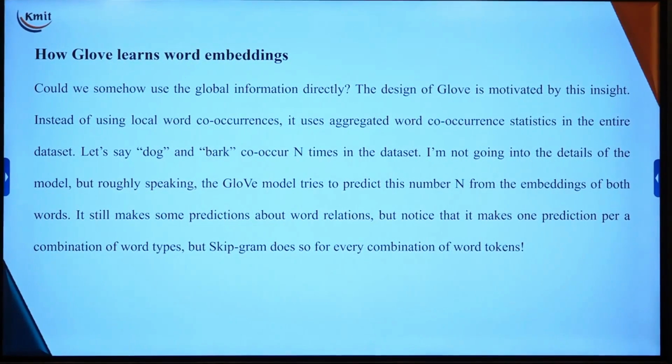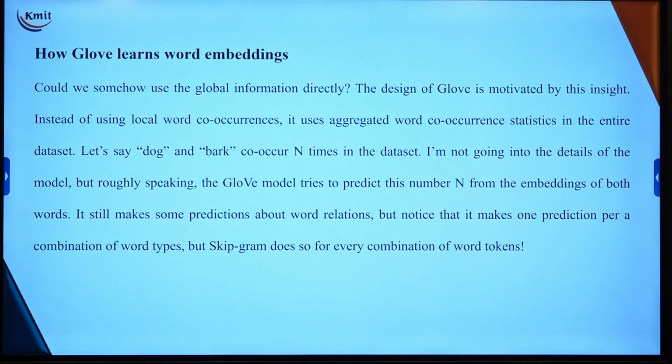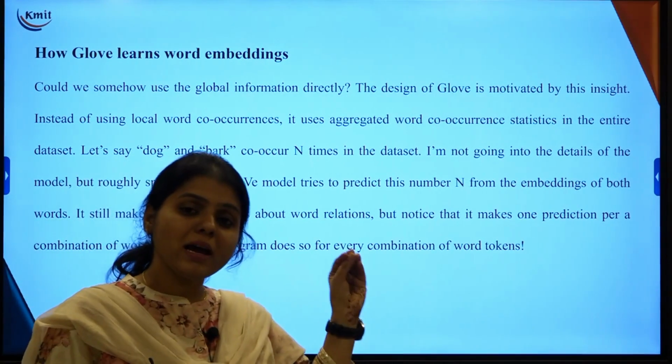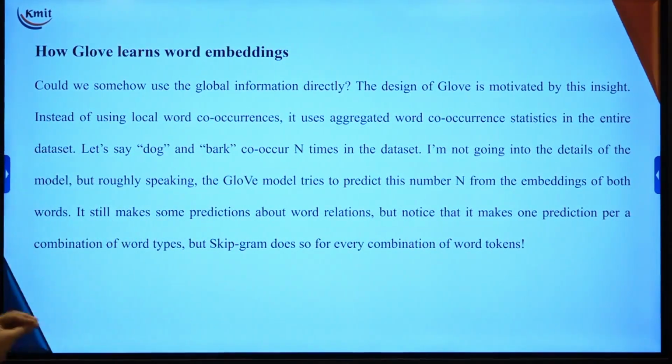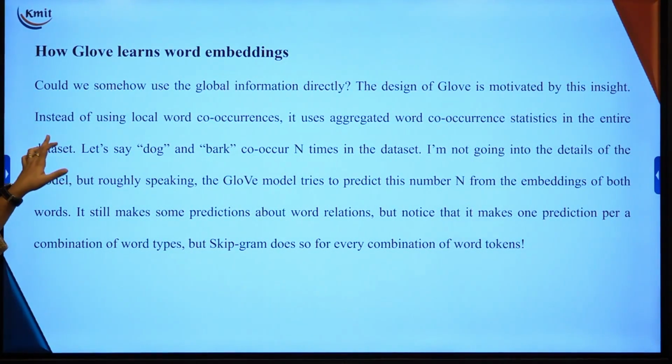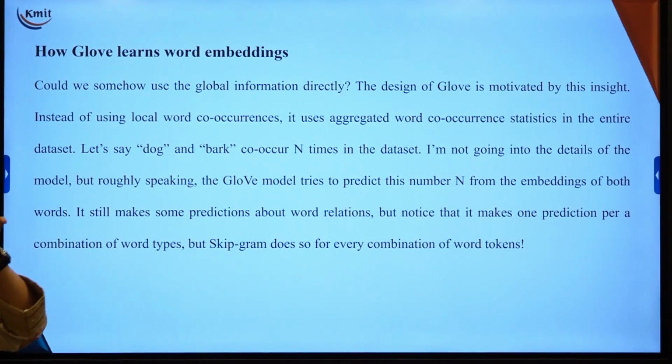Now, how does the GloVe model learn word embeddings? When we talk about GloVe, we talk about global information. Basically the design of GloVe is motivated by the drawbacks of the skipgram and CBOW models. Here, instead of using local word occurrences, please remember this, instead of using local word occurrences, the GloVe model uses aggregated word co-occurrence.